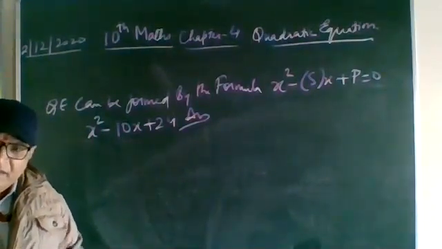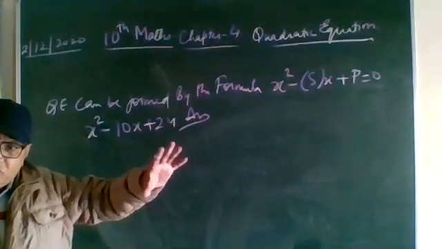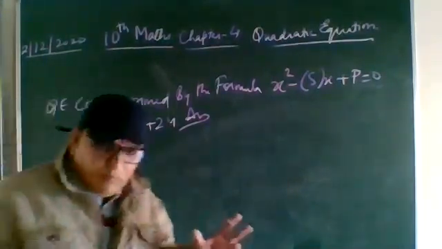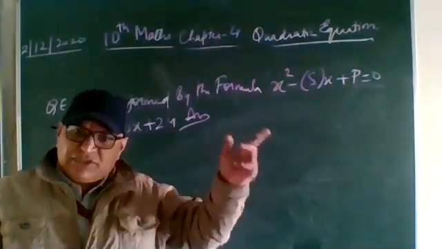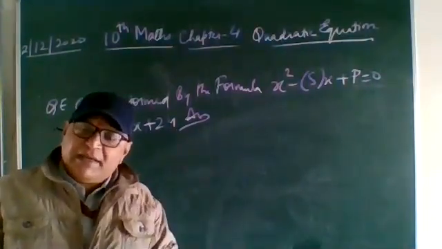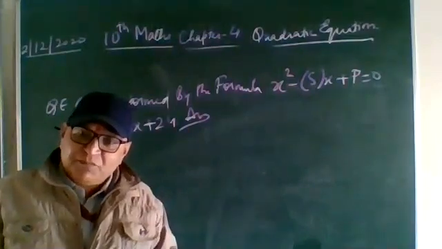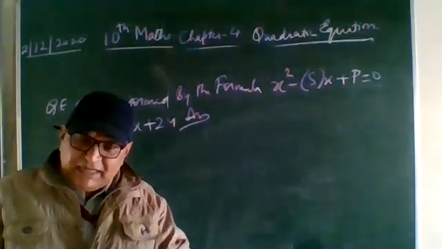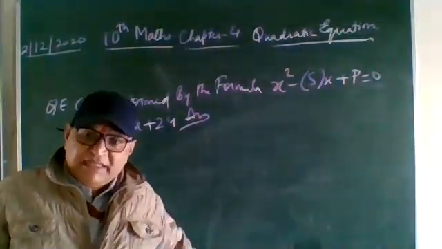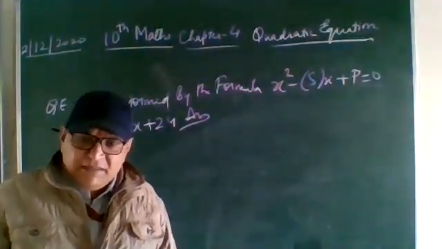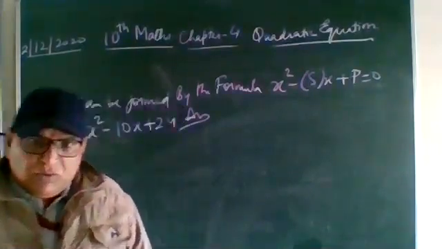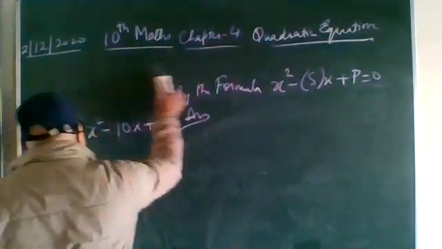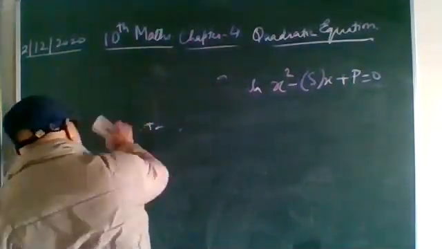Then you will say alpha and beta are the roots of the quadratic equation, and given is that one root is twice the other. Then you will say beta is twice alpha or alpha is twice beta. But the method of doing the question will be the same as I am explaining here. So by this question you will be able to solve a variety of questions.